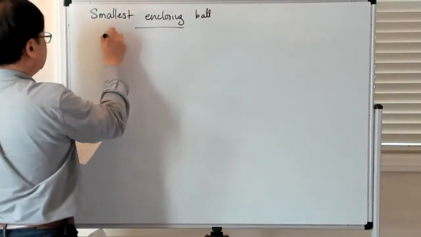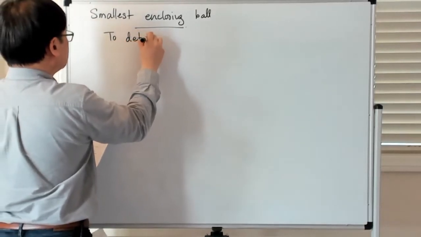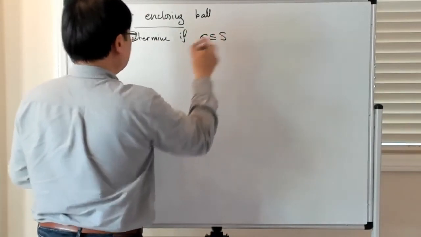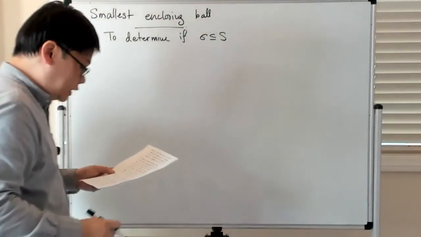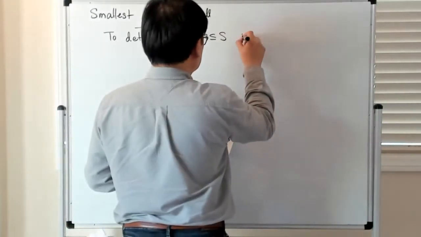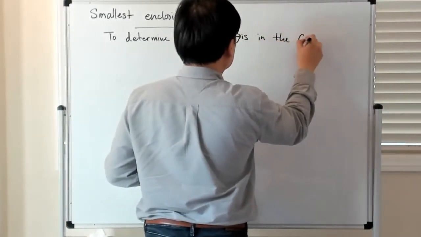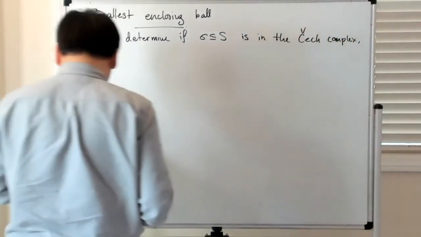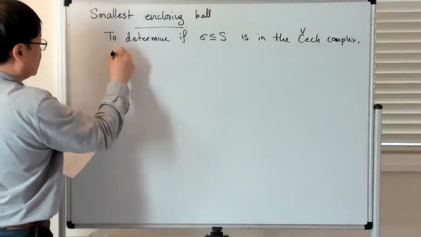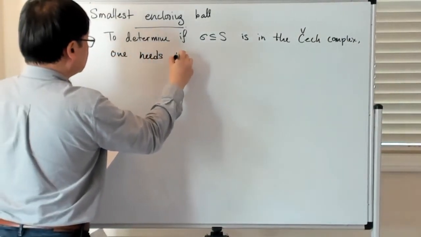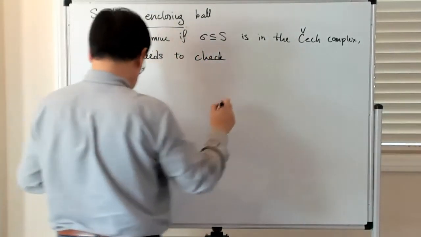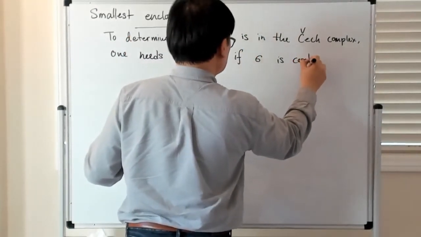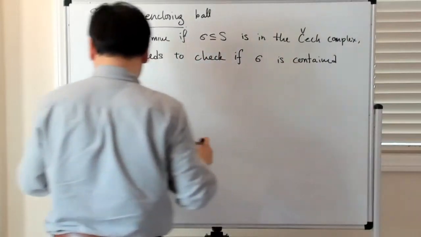Okay, so to determine if some subset of points in this full set of points S is in the Čech complex, one needs to check if sigma is contained in a ball of radius r.